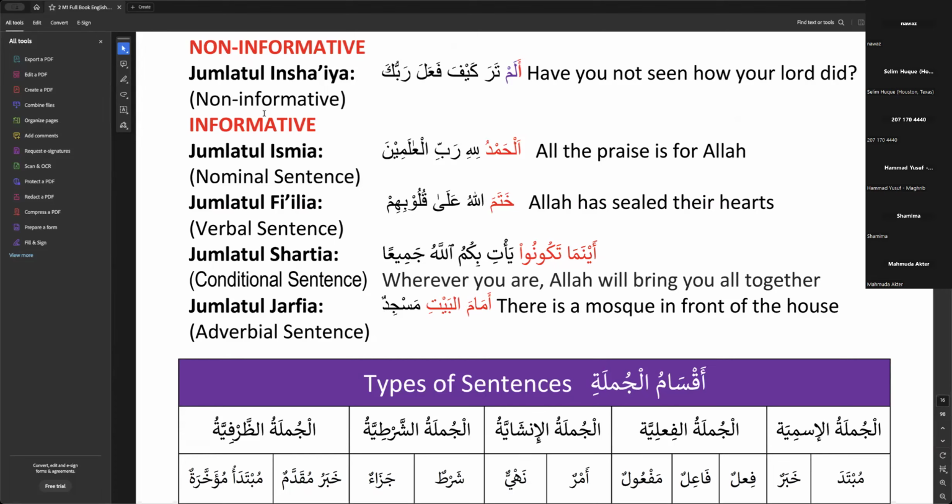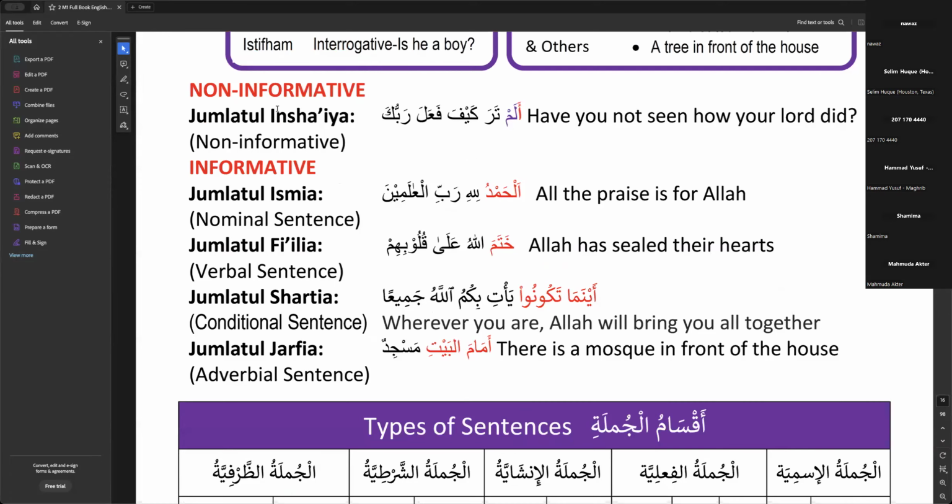How many jumla did we learn? One, two, three, four, five. Insha'iya, non-informative; jumlatul ismiya, nominal sentence; jumlatul fi'liya, verbal sentence; jumlatul shartiya, conditional; jumlatul dharfiya, adverbial sentence. This is your note; you need to note that we have gone through these five.